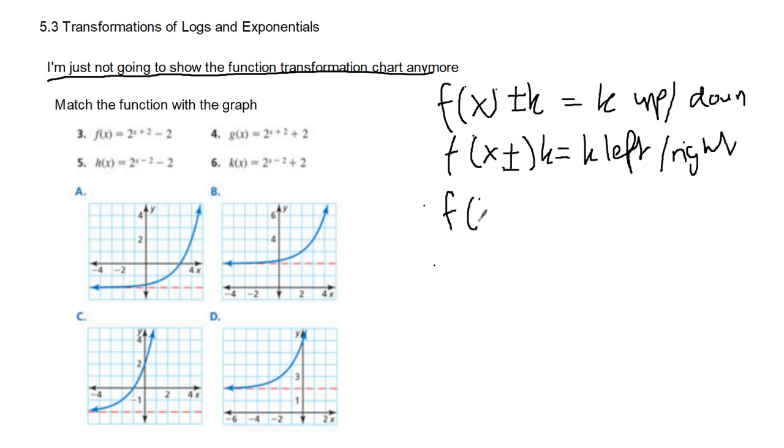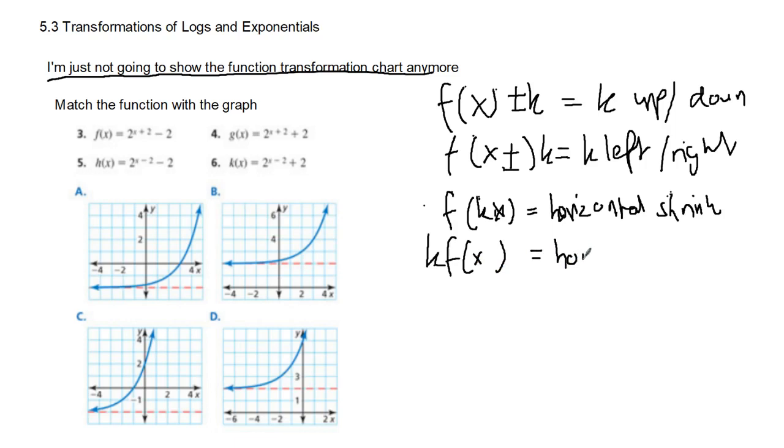f of kx is horizontal shrink, the higher it is, the more it shrinks. K times f of x is vertical stretch.